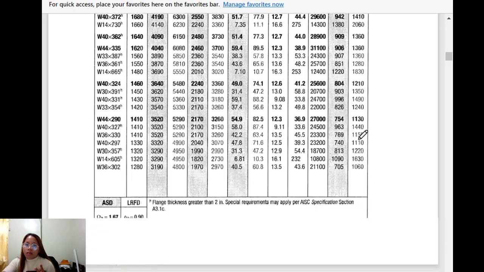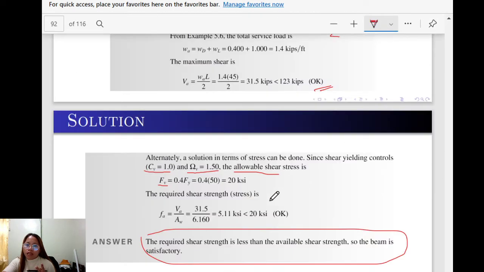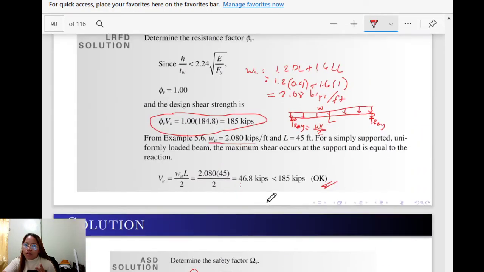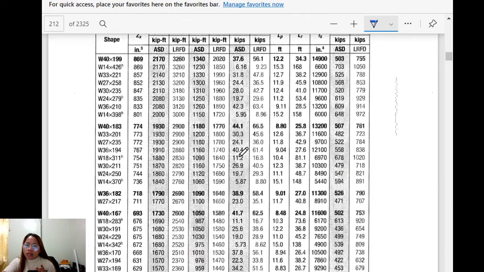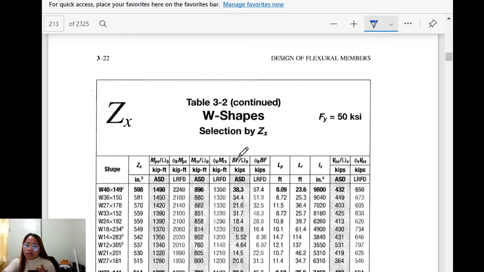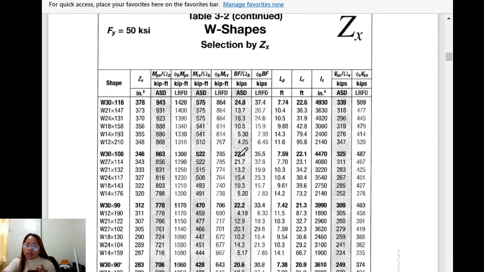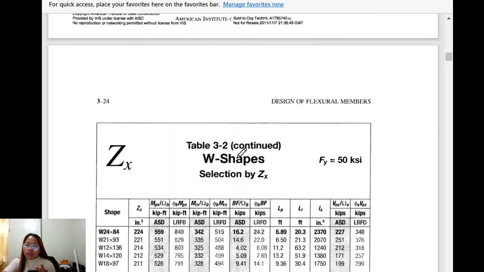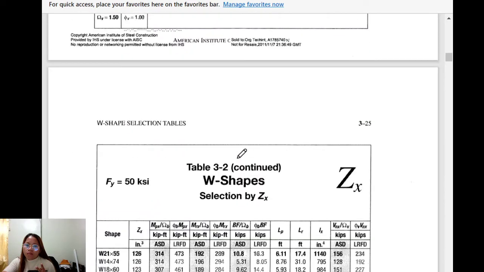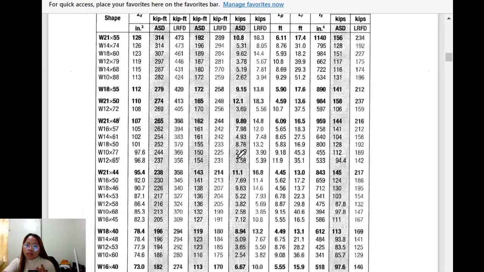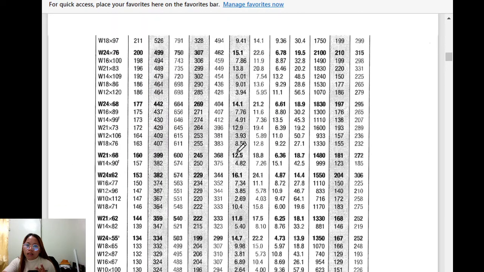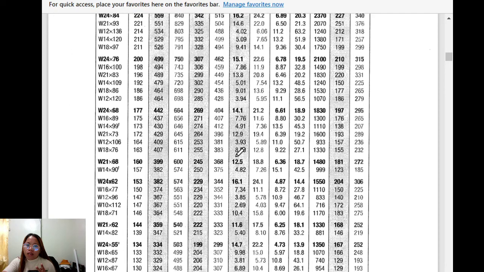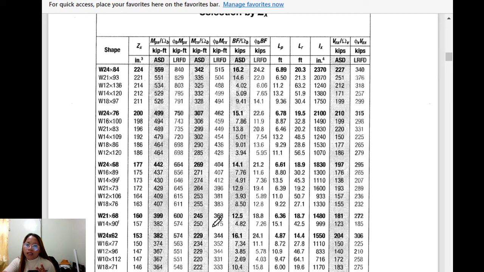For example, we have the section from earlier, W14 by 90. Let us look at 14 by 90.